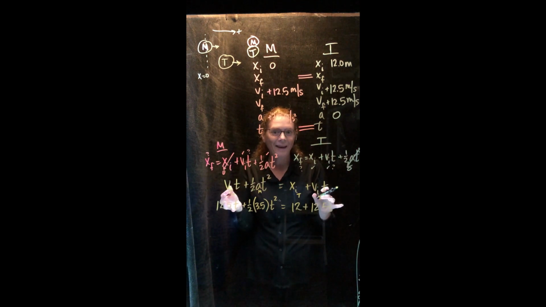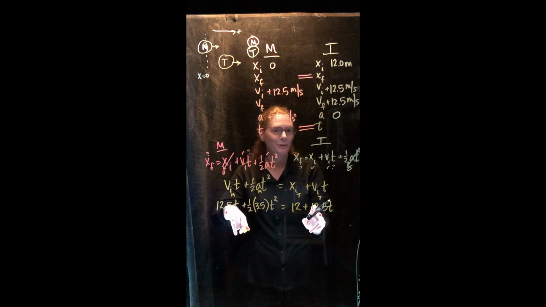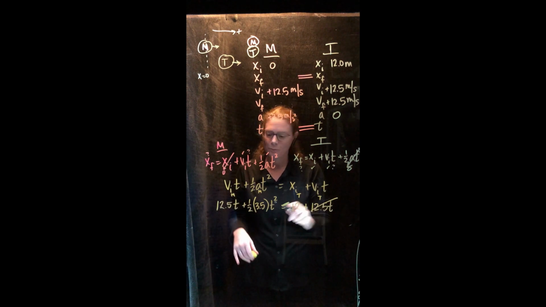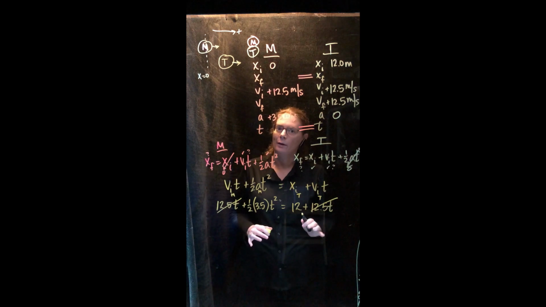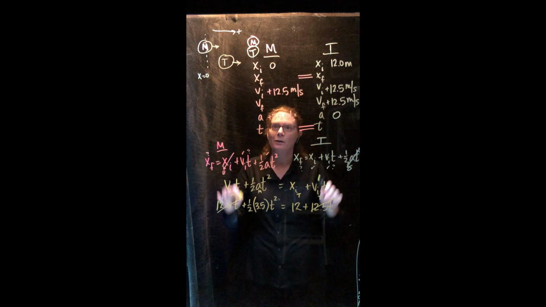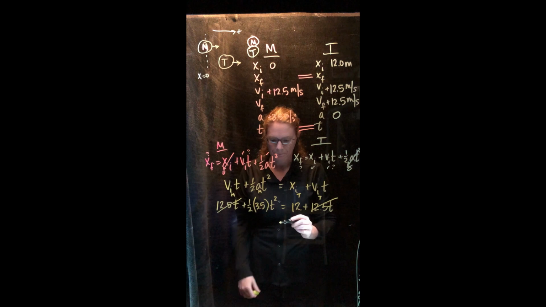Now in this one case, look at that. Since they started with the same velocity, these two terms will actually drop out. That's pretty rare. Don't assume that's always going to be the case. Usually we have different velocities to start with.